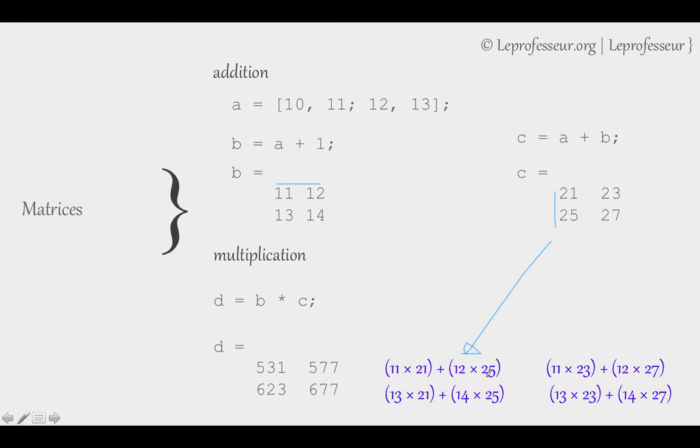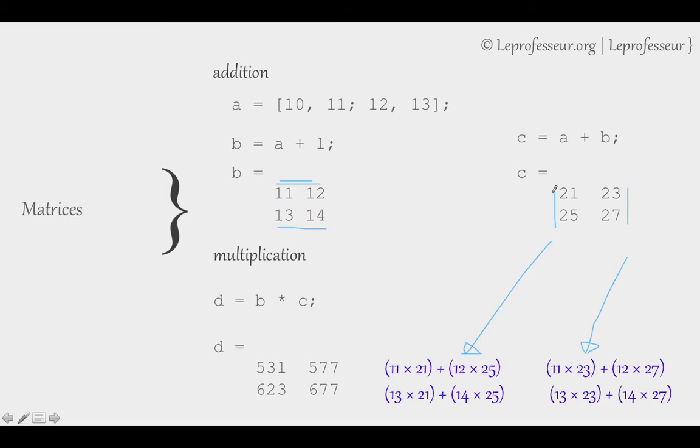Now again, to make the second column, this multiplied by this becomes the second column. Okay, so 11 multiplied by 23 plus 12 multiplied by 27. Now to make the second row, this is our second row.